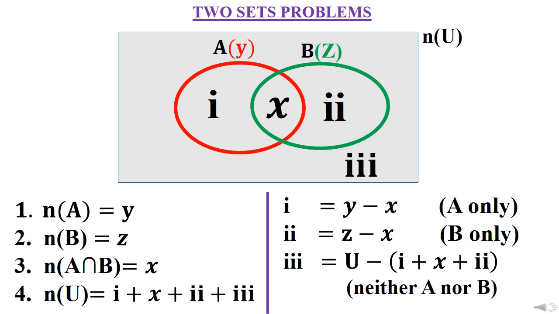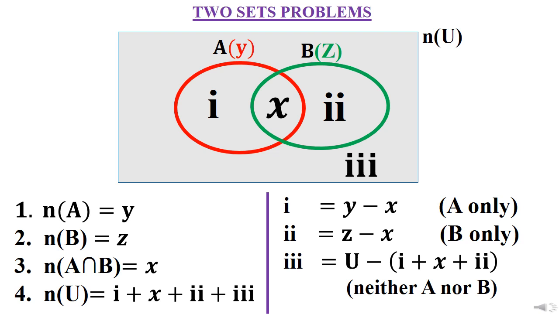Now let's come to the label letters within the circle. We have I, we have X, II, and under the circle, which is not part of the portions within the two circles, we have III. Now let's come to 1.